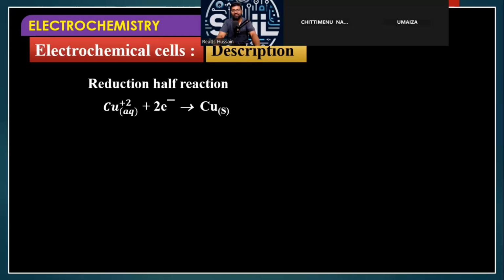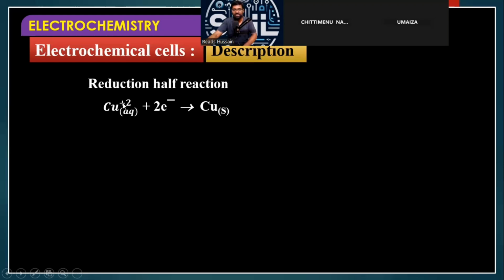Reduction half reaction: Cu2+ plus 2 electrons gives Cu. What is reduction? Reduction means gain of electrons. Because of the gain of electrons, the oxidation state is reduced.